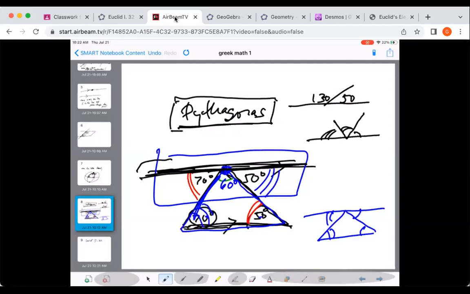If these three angles add up to 180 degrees after you draw this line, it's also true before you drew the line. But without the line, you can't prove it. So an auxiliary line is any extra line you draw into your diagram to help you prove your theorem. And you're allowed to draw all the lines you want. You're permitted to. Okay.